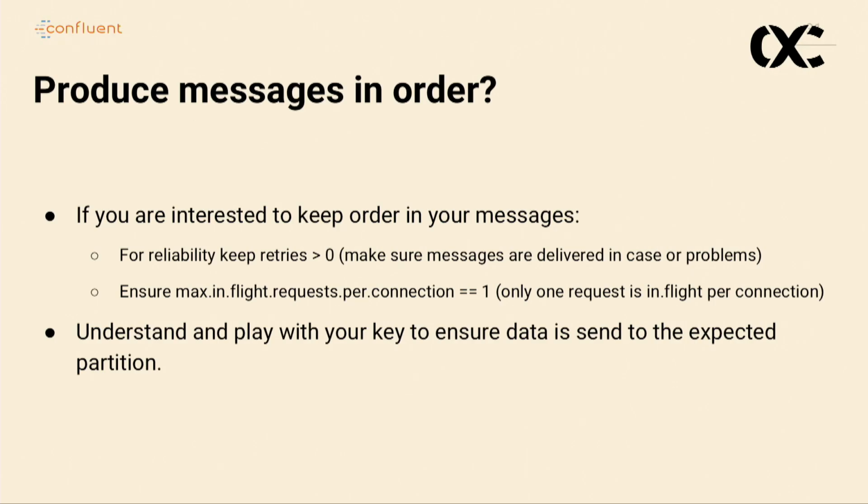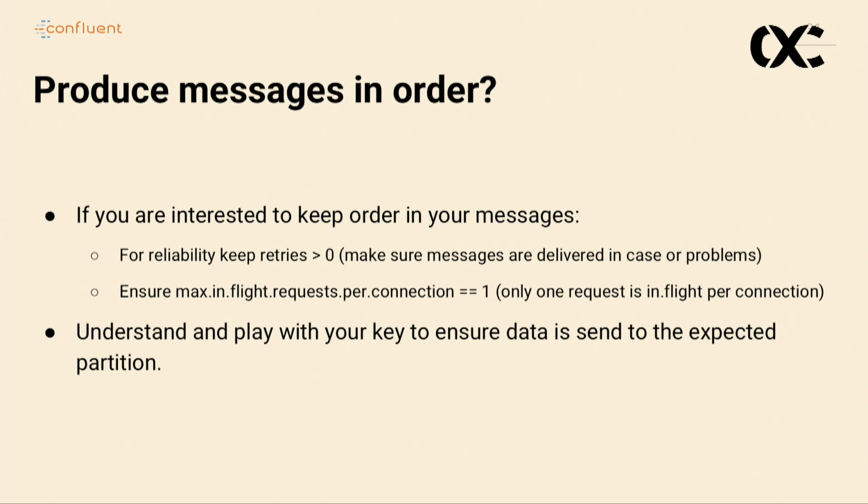Then, in order to ensure that the production is being done in order, you need to tweak the requests per connection. Okay? Because if there are 5 requests in flight per the same connection, one might succeed, but the other not, and then have a retry. Okay? Obviously, this comes at a cost.